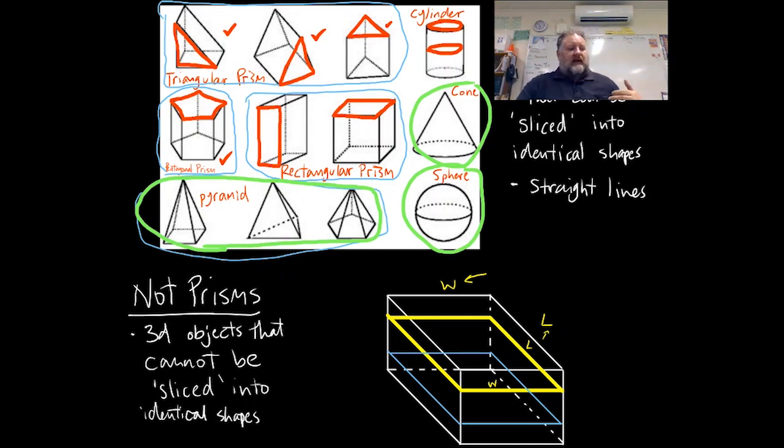What we call a cylinder, or any shape that has curved lines, that is able to have a uniform, identical shape cut in it, we don't call them prisms. They're not prisms, even though they have a uniform shape in them, okay? We can find out the volume of those. We can find the volume of all of these if we know the rules, but they're not referred to as prisms. That's the important point I was trying to get to.